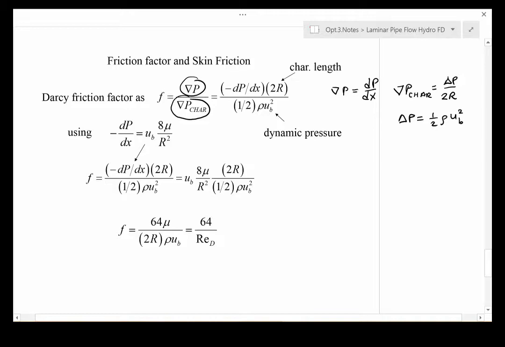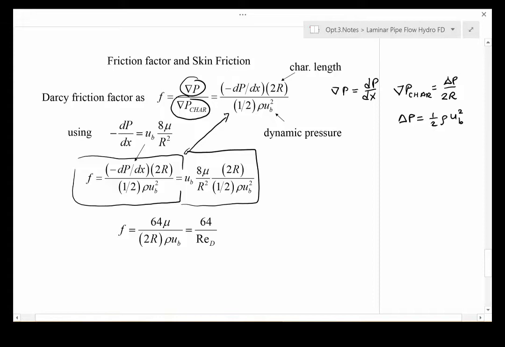squared. So the friction factor is a very important parameter because it tells us what the pressure drops are in a pipe, as long as we know certain parameters of it. So we can solve using dp dx as this ub over 8 mu r squared, and substituting that into our expression for the Darcy friction factor, we get the friction factor in terms of ub and various radius terms.